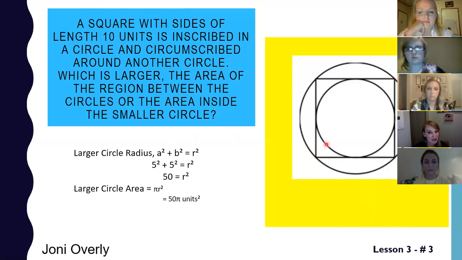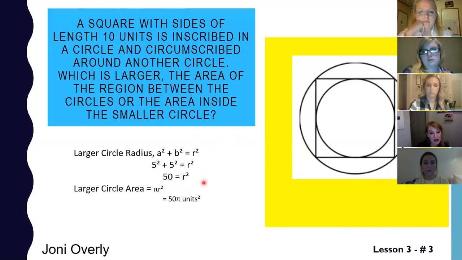The Pythagorean theorem says that if a right triangle has legs of length a and b and the hypotenuse has a length of c, basically your formula is a squared plus b squared equals c squared. So in this, we're going to plug in our 5 and solve. So we put 5 squared plus 5 squared, which equals 50, our r squared.